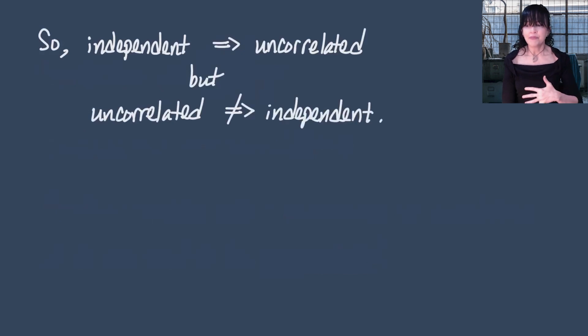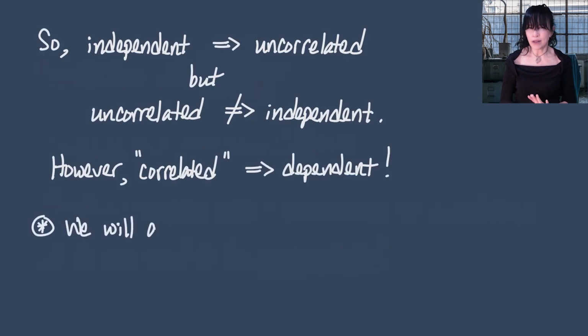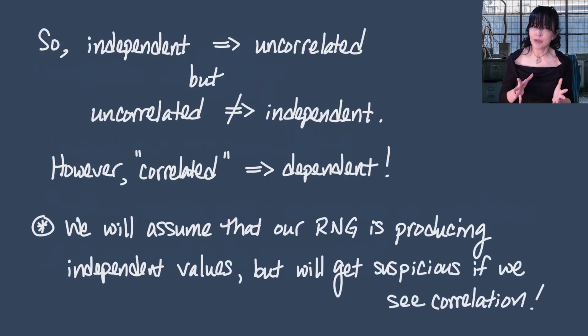But the other direction, if you see evidence for correlation, then you're seeing evidence against independence, because if they're independent, they should be uncorrelated. And if you're seeing correlation, then they couldn't have been independent. So that's the idea behind the autocorrelation test. We are going to assume that our random number generator is producing independent values, but we're going to get suspicious if we see too much correlation.